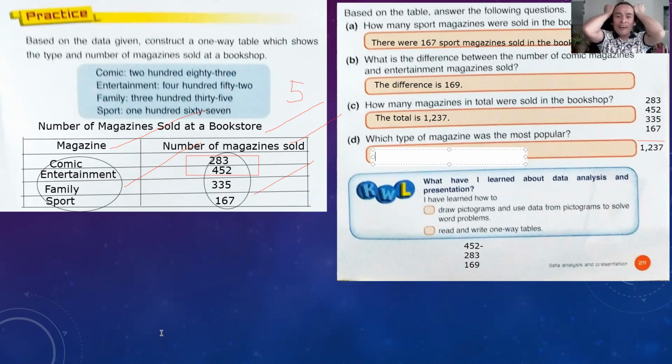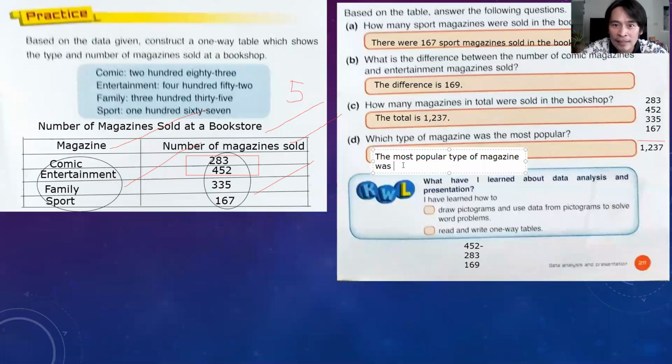Which letter D? Which type of magazine was the most popular? Entertainment magazine was the most popular. Or the most popular magazine was the most popular type of magazine, very long, type of magazine was entertainment.